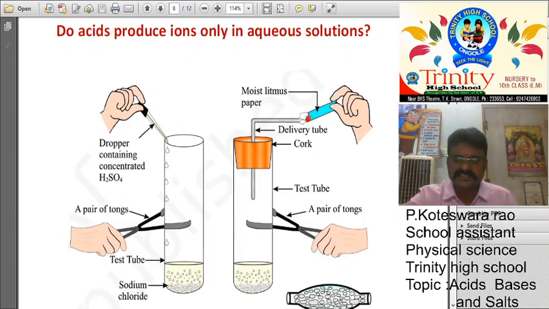Why? Because wet condition is nothing but aqueous state. Only in the aqueous state does the acid act as acid. In dry condition, it is not possible to act as acid. So what about that?